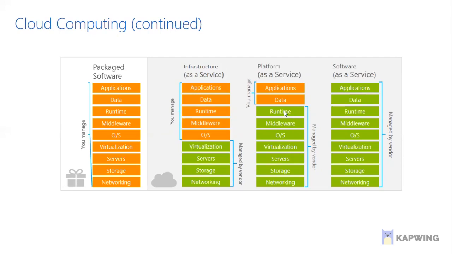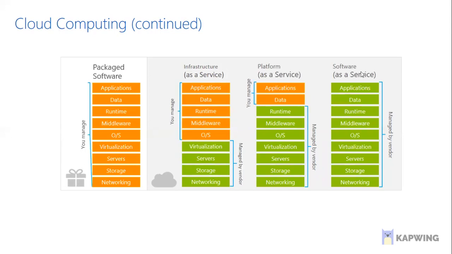Everything will be managed by the cloud provider. What you have to manage is only the data and the application, whichever application you want to run, and the data regarding that application. That is nothing but platform as a service.